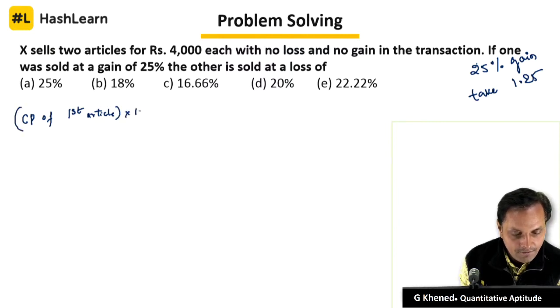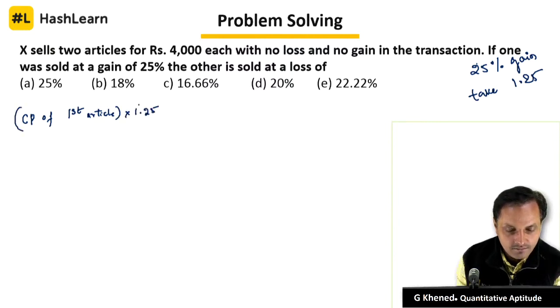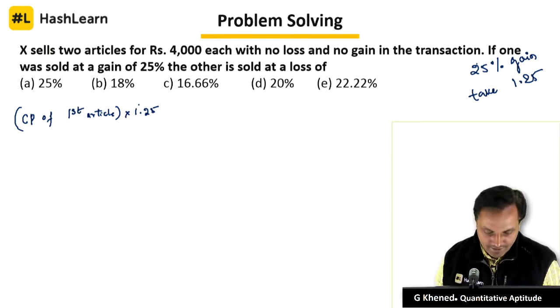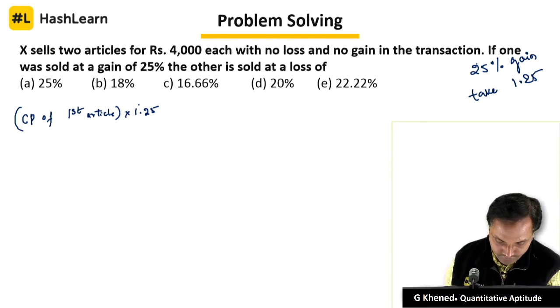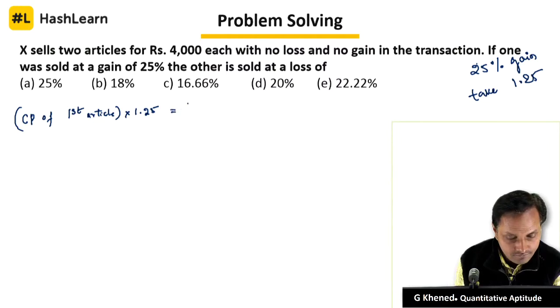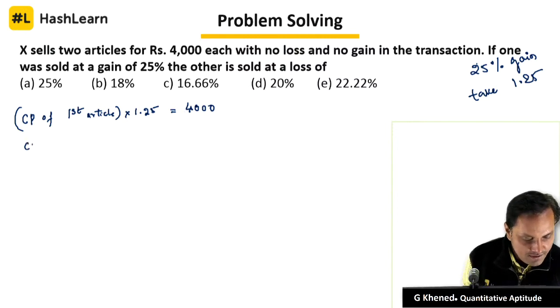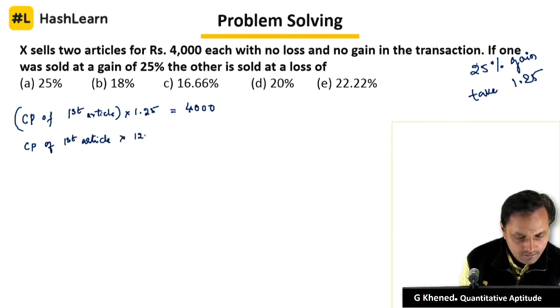He is making a profit of 25%. 4,000 rupees he is selling at. So what is the cost price of the first article? 125 by 100 is equal to 4,000. So what is the cost price of the first article?